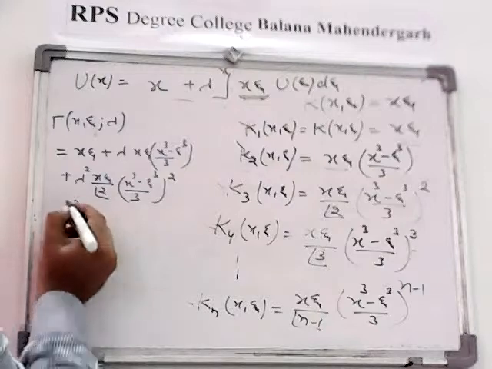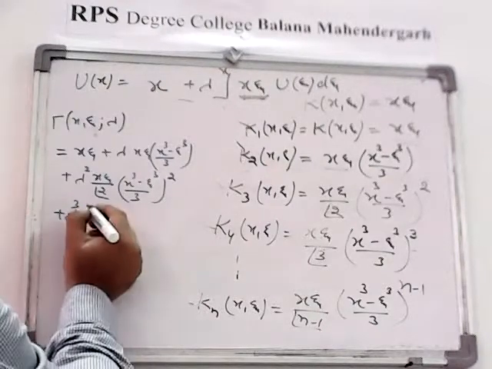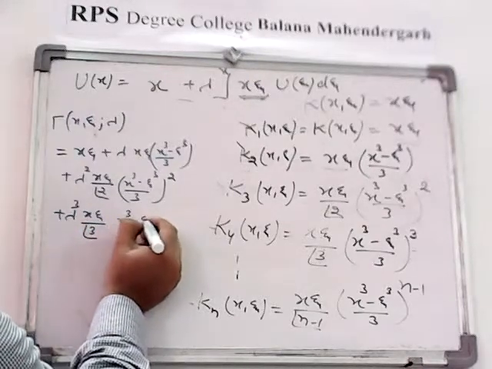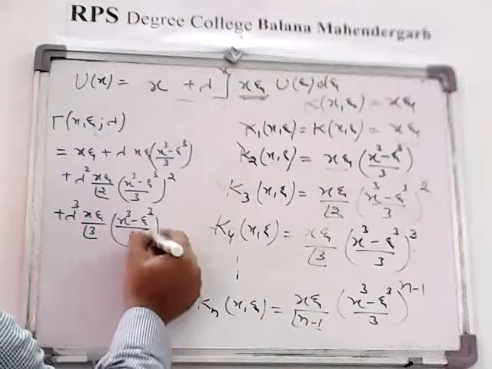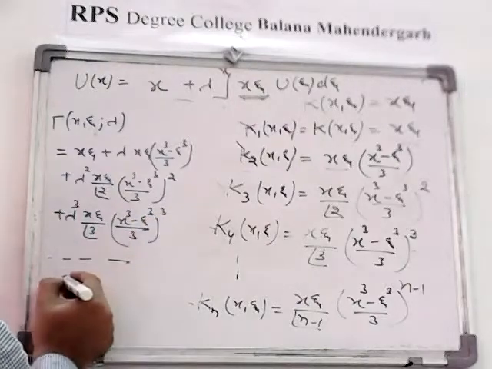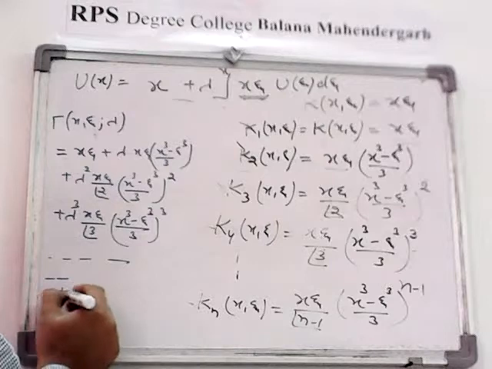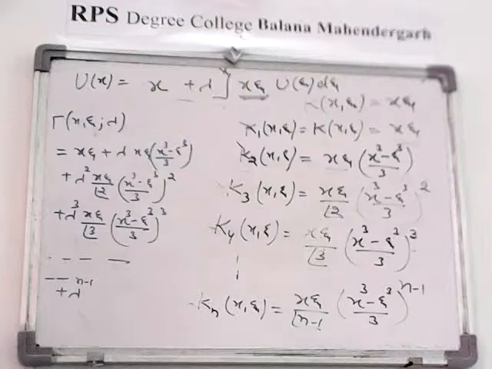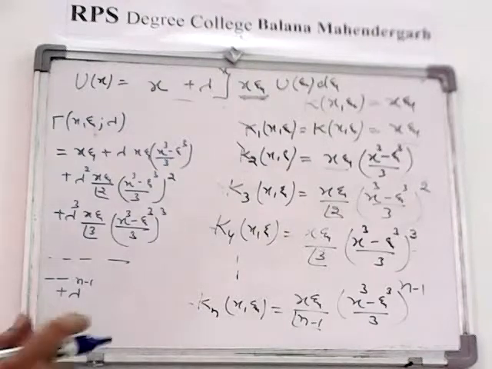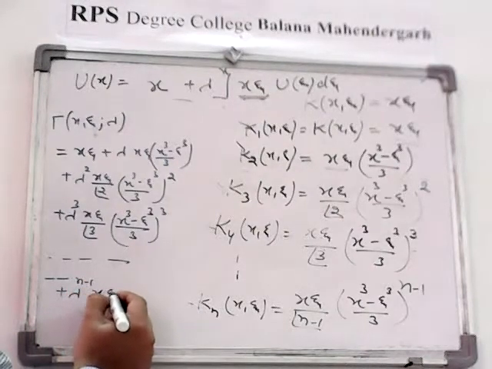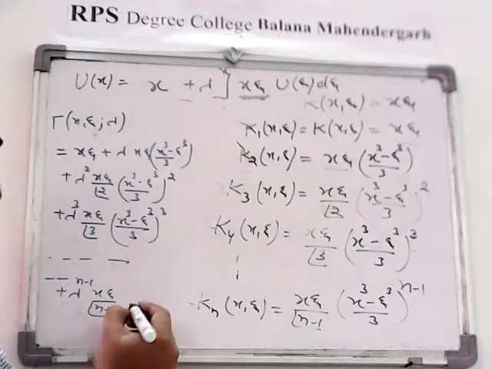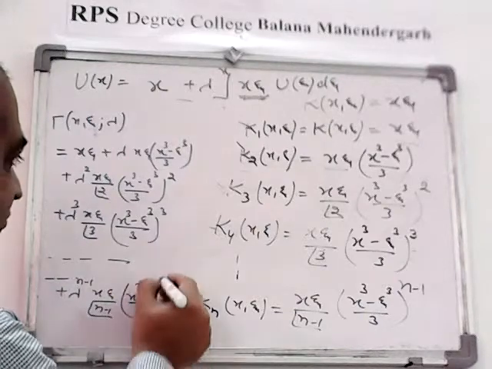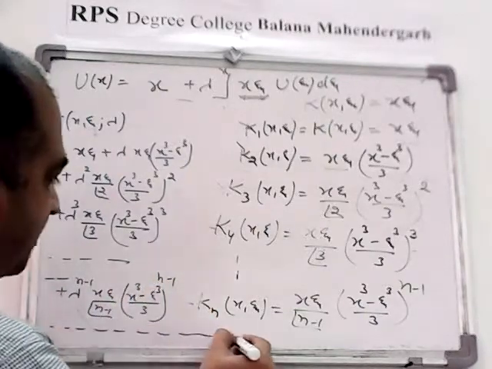Then lambda cube k4, that is x xi by 3 factorial times (x cube minus xi cube) by 3 whole raised to power 3. Up to the last, we will have plus lambda raised to power n minus 1 kn, that will be x xi by n minus 1 factorial times (x cube minus xi cube) by 3 raised to power n minus 1, and so on up to infinity.